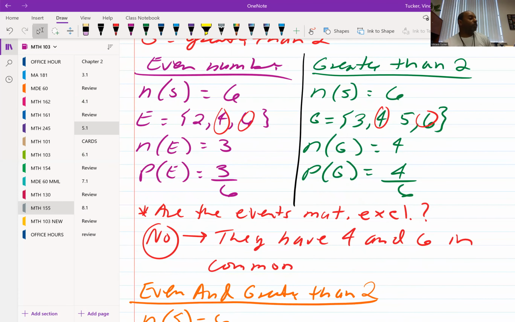So since they have those 2 in common, we do have to consider those and see the probability of getting an even number and a number greater than 2.